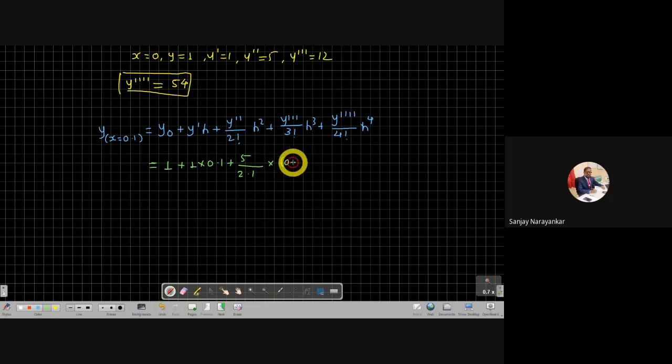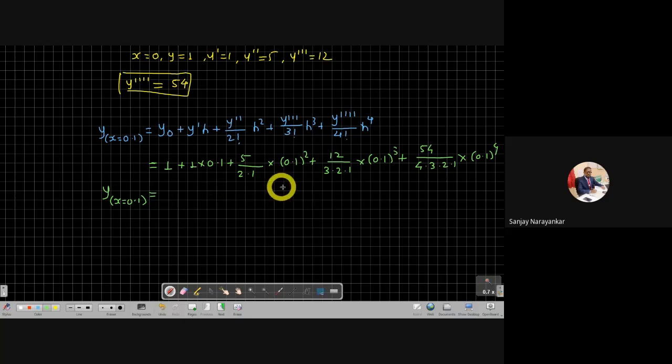Into 0.1 square plus y triple dash. Y triple dash is 12 upon 3 into 2 into 1 into 0.1 cube plus 54 over 4 factorial. 4 into 3 into 2 into 1 into 0.1 raised to 4. So if you simplify this, you will get the value of y at 0.1.